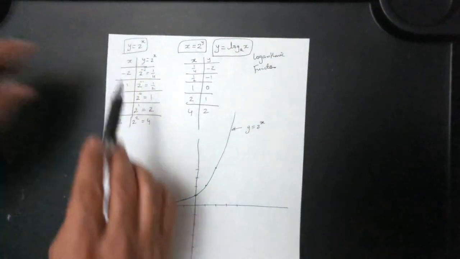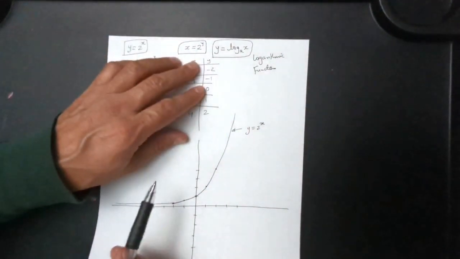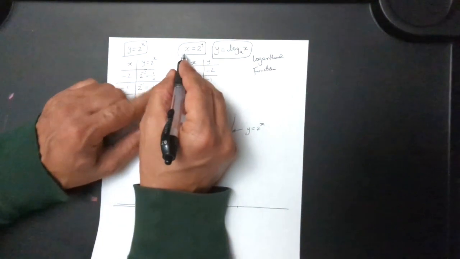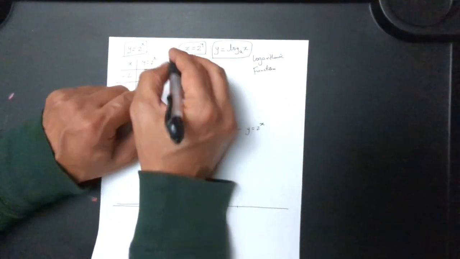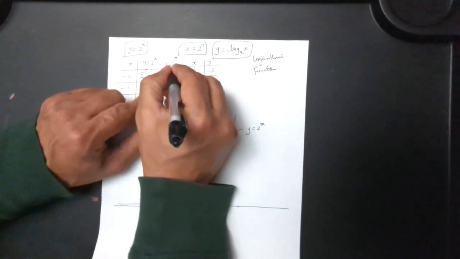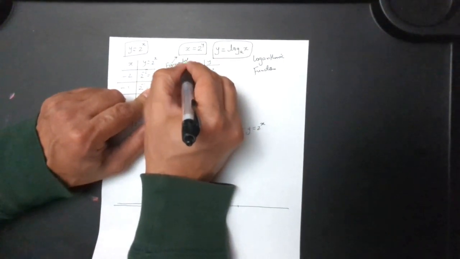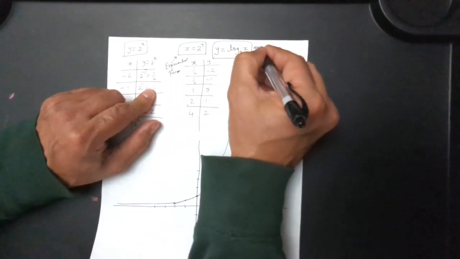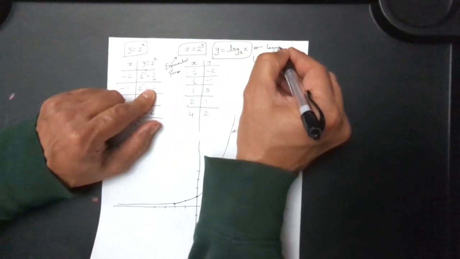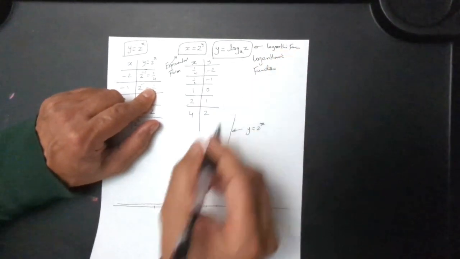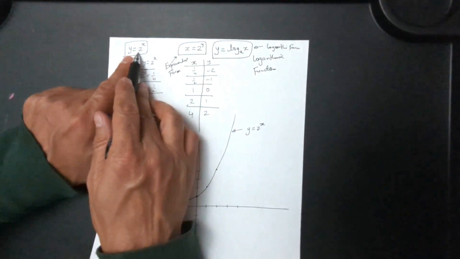We started with the exponential function. Its inverse can be written in two forms. This is called the exponential form of the logarithmic function. This is the exponential form. And this is the logarithmic form of this exponential function.